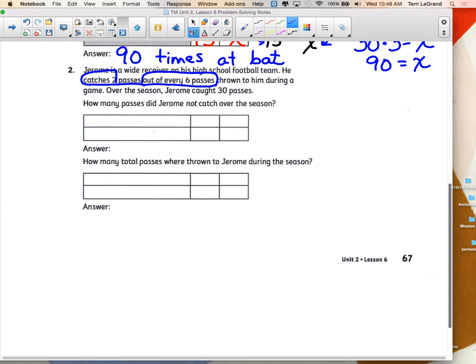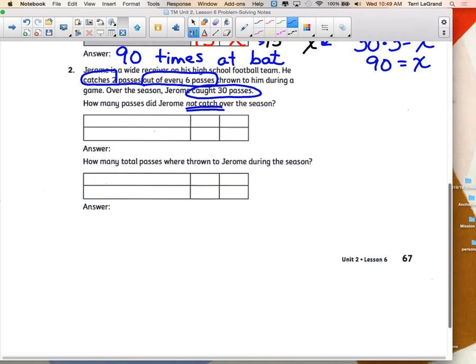How many passes did Jerome not catch? That's important information. Not catch over the season.